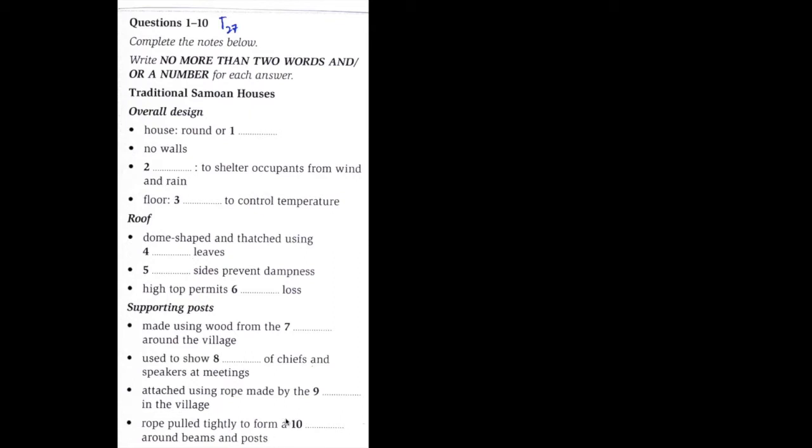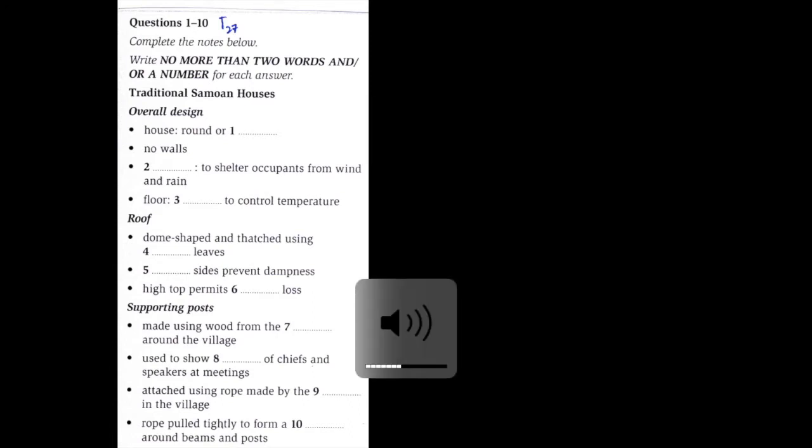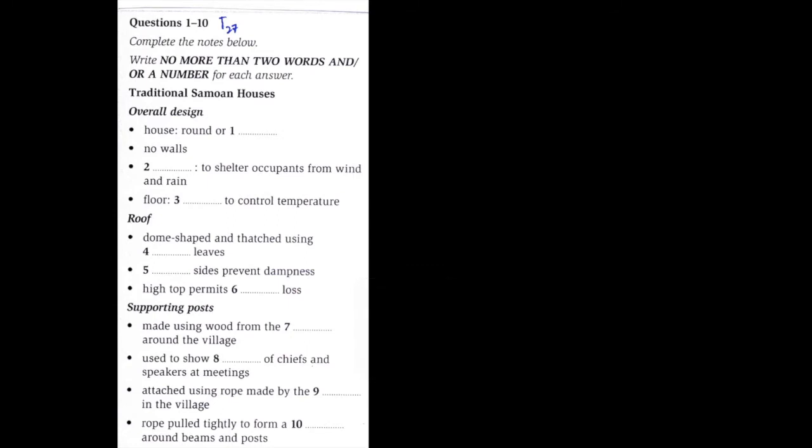Once you're done with this part over here, you now play the audio, and you play this all throughout up until number 10. Normally, students don't get the answers correctly, so my recommendation is that you repeat the audio and tell them that you will be flashing the answers as they are given.